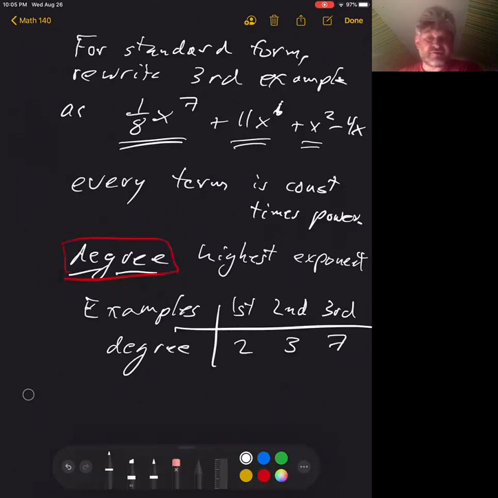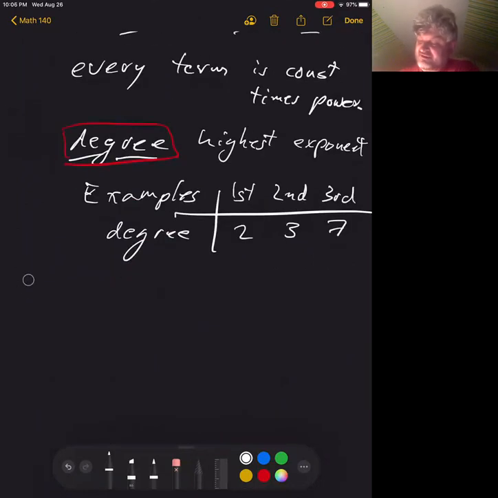And the last concept of polynomials in general is the leading coefficient. Well, it's that constant next to that power of x after you wrote it in standard form. So go through the list of examples.